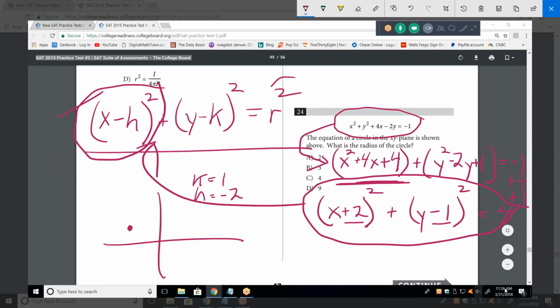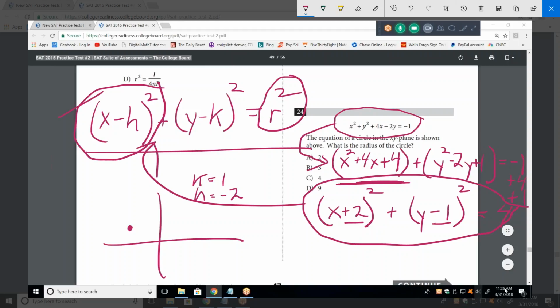Now, the number on the right side is the radius squared. What's the radius of this circle? 4. No, that's the radius squared. 4 is the radius squared. R squared equals 4.